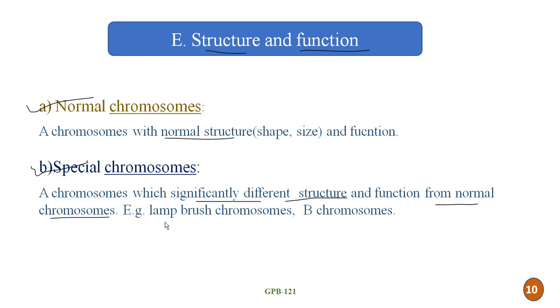For example, the lampbrush chromosome, B chromosome, supernumerary chromosome, polytene chromosome, and giant chromosome are examples of special types of chromosomes. So according to the structure and function, these are the two types.